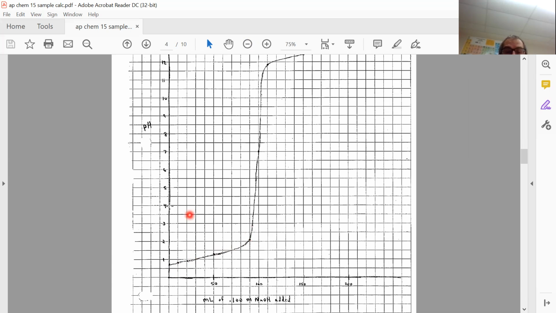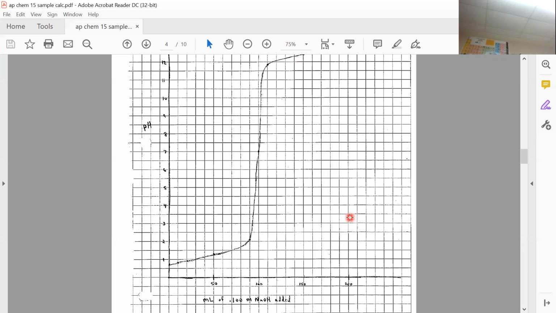Between 4 and 10 on the pH scale, as I drew this over, it would almost be perfectly vertical, a very small movement, maybe a movement of 1 milliliter, and you're going to get this huge jump in pH right there. So it's drawn pretty well to reflect that, but you'd even see it more steep at this point between 4 and 10 right here. And then it starts to veer off in that direction.